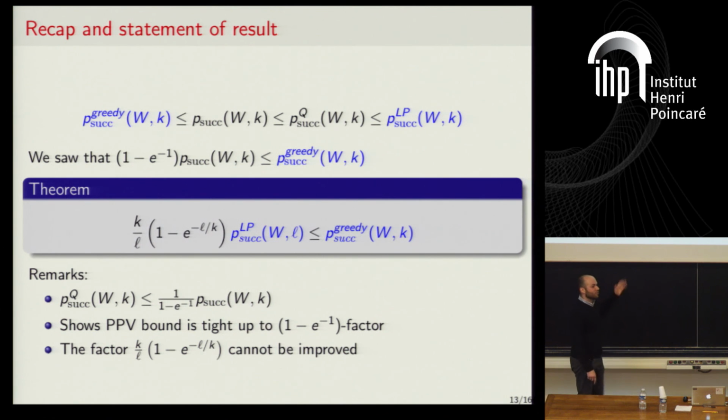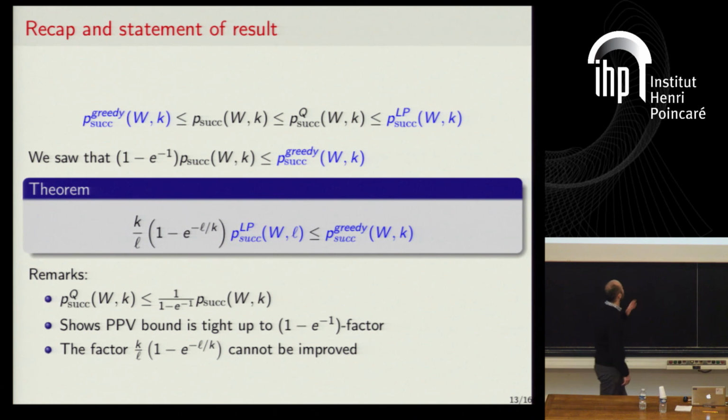You can even improve that a bit: given the value of the LP, I can construct a code that is slightly smaller but has an approximation factor better than 1 minus 1 over e. You can put L equal to K, but you can even have the general version.